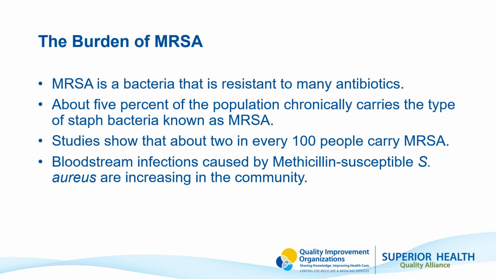Nearly 120,000 Staphylococcus aureus bloodstream infections and 20,000 associated deaths occur in the United States, according to a 2019 report. After years of progress and seeing a decline in MRSA bloodstream infections, it is now apparent that bloodstream infections caused by methicillin-susceptible S. aureus are increasing slightly in the community, approximately 3.9% annually.